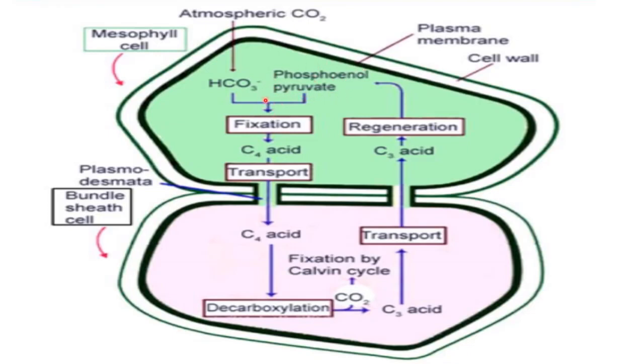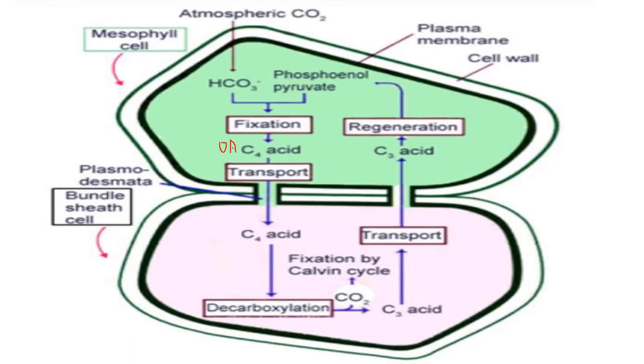And for the fixation, which enzyme is working? PEPcase, the phosphoenol pyruvate carboxylase enzyme, and this is the fixation step. After fixation, this C4 acid is formed here. Which C4 acid is present here? This is oxaloacetic acid, OAA.